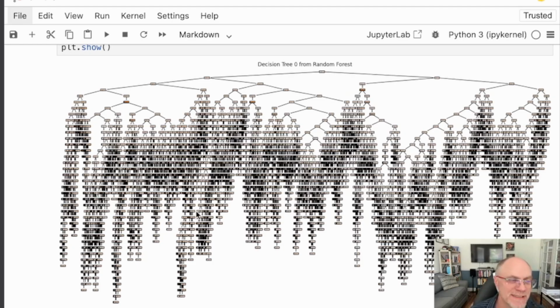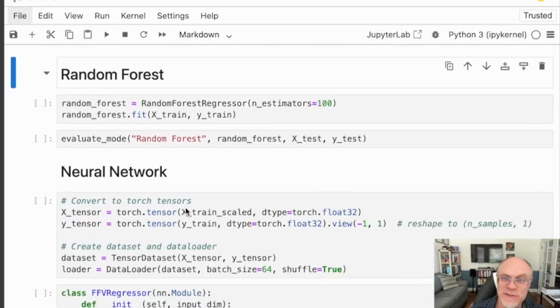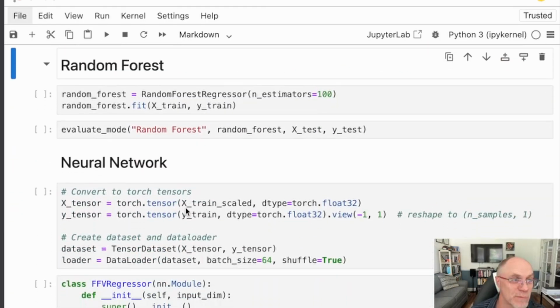Now, generally speaking, people don't use just an individual decision tree. So why is that? We talked about the fact that the order of the data matters, and you could get many different decision trees based on how you slice and dice the data. So a technique that people use in a common model is called random forest. A random forest is an ensemble model, so it takes a number of smaller models.